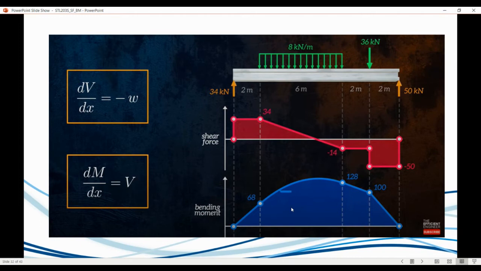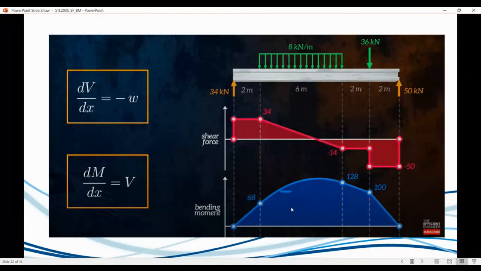And you can see your maximum shear force, what's your maximum shear force there? Look at the shear force diagram. It's like a minus 50. Do you see that? That's a minus 50 over there, and your maximum bending moment is at 128.